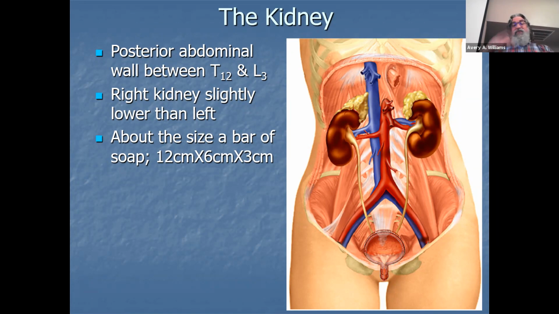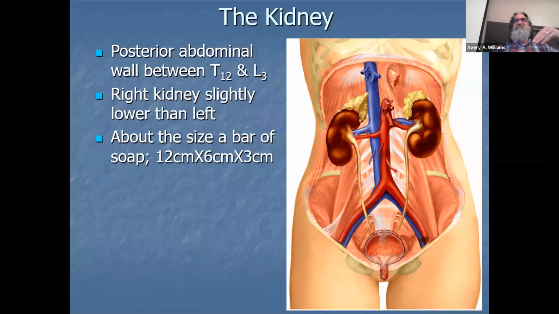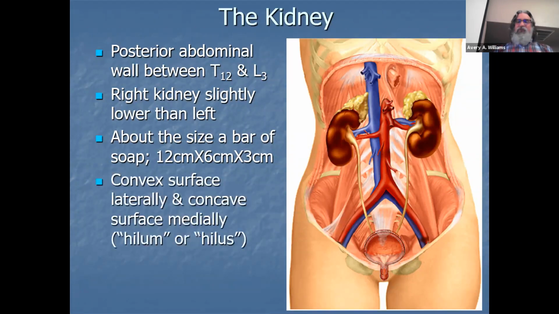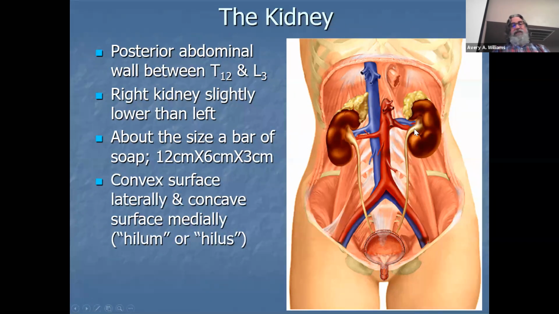It's about 12 centimeters high, 6 centimeters wide, and not real thick, only about 3 centimeters thick. So it's kind of a well-used bar of soap, kind of a thin bar of soap. It has a convex surface laterally, you see on both sides, and then a concave surface medially.